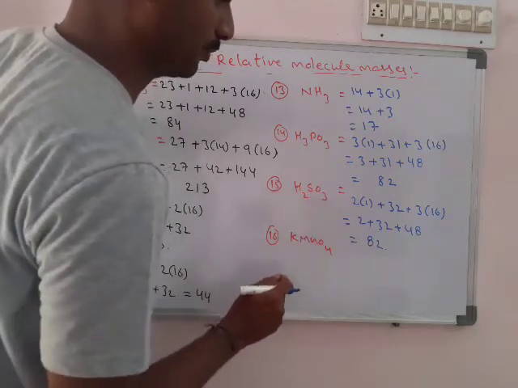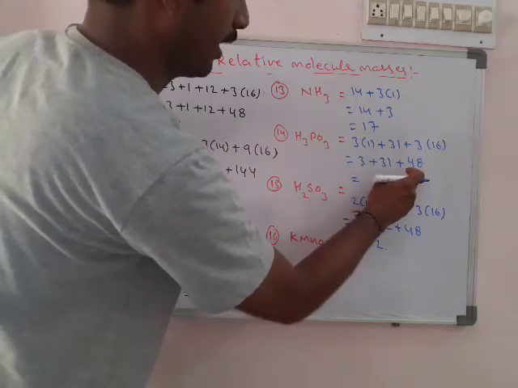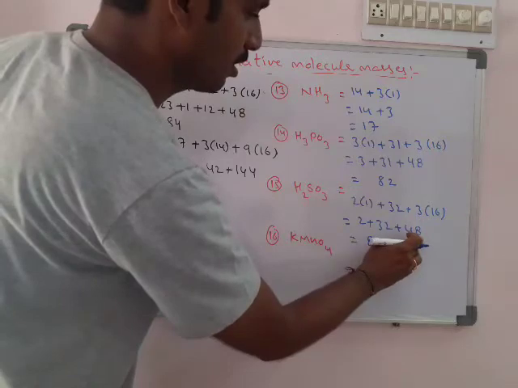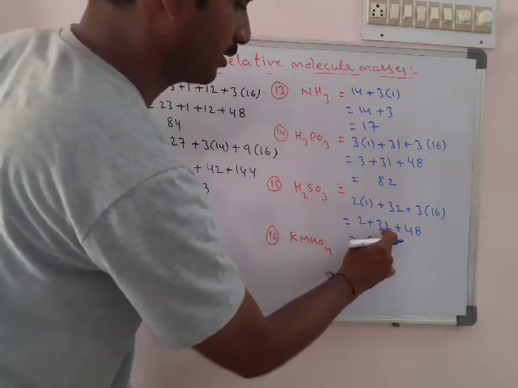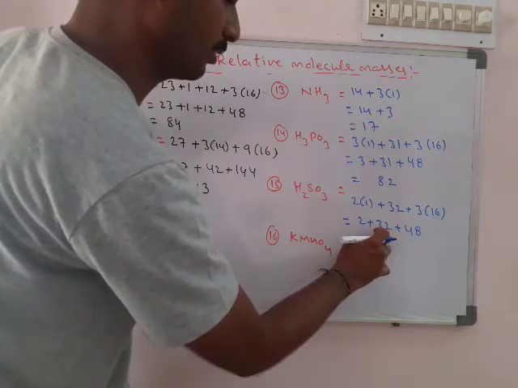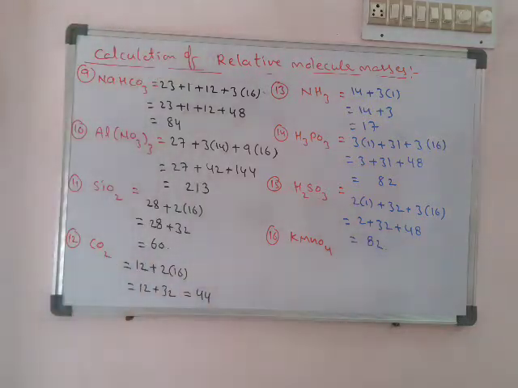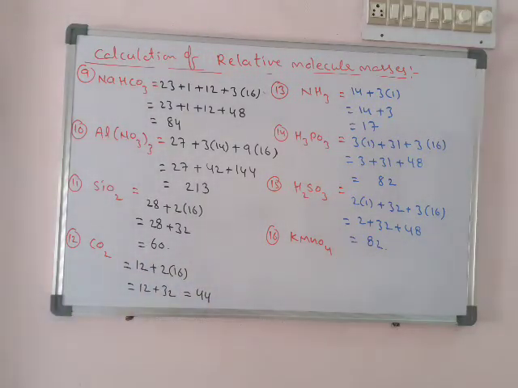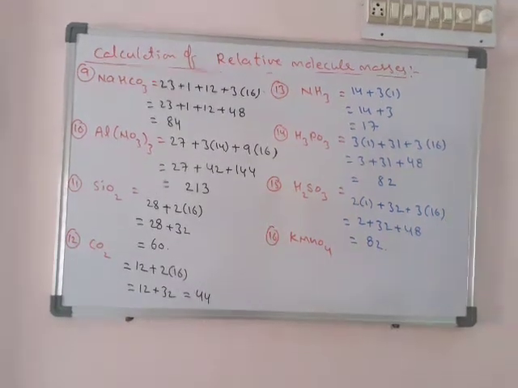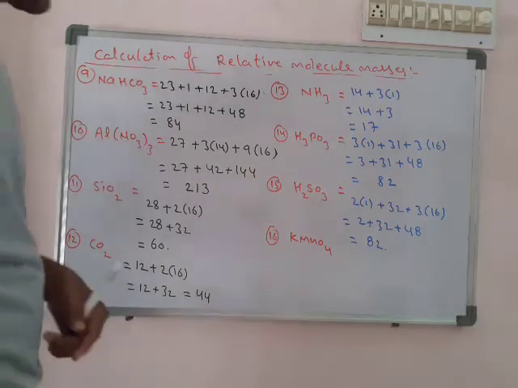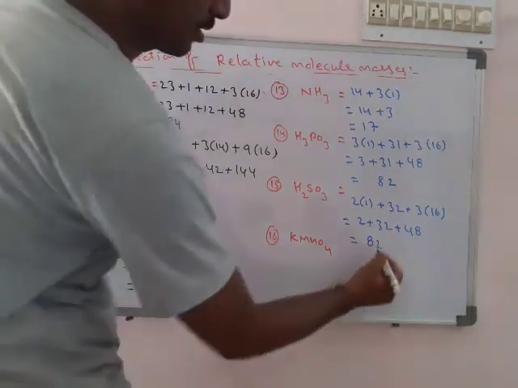Okay, here 48, 8, 10, 12, 82. Okay, just wait. So here also observe both are having similar values.